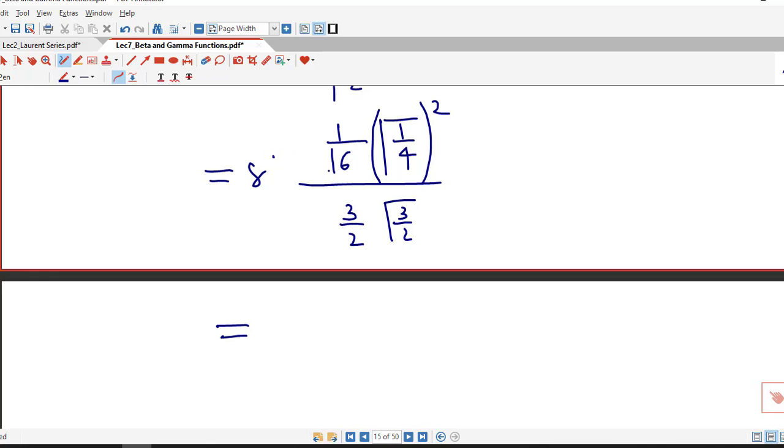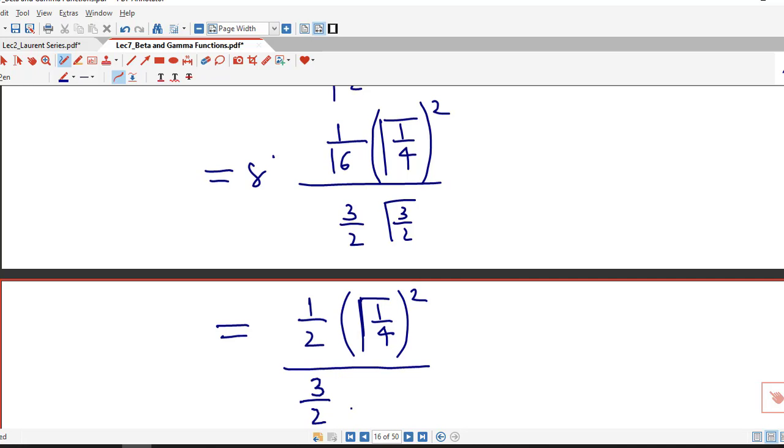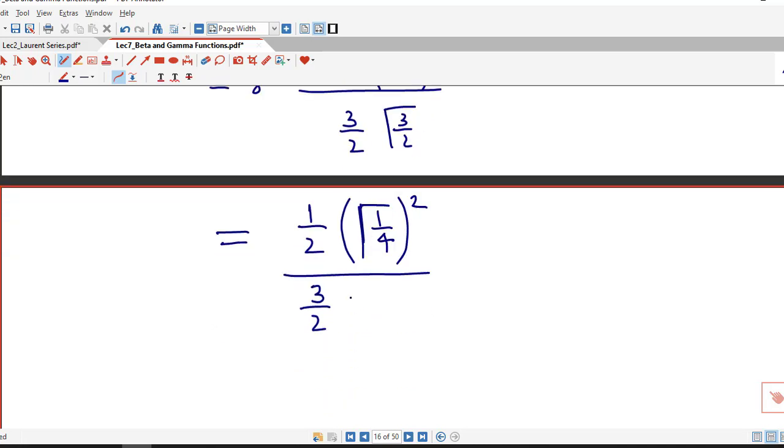There will be 2 here, and that 2 will cancel out. Okay, let me write one more step. 8 into 1 by 16, that is 1 by 2. Here square of gamma 1 by 4, here 3 by 2, and gamma 3 by 2 is nothing but gamma 1 by 2 plus 1, that is 1 by 2 gamma 1 by 2.